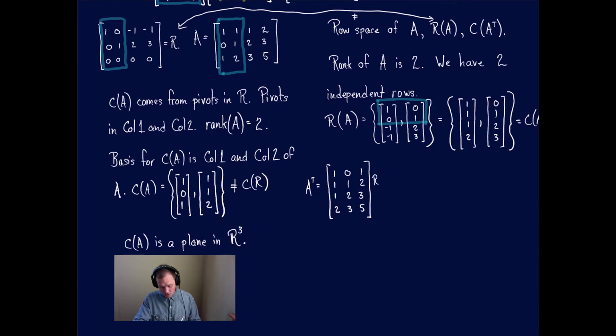I'm going to take row 2 and subtract row 1. I'm going to take row 3 and subtract row 1. And let's take row 4, and this time we're going to subtract, looks like 2 row 1s, and let's see what we get. Well, my first row stays the same, 1, 0, 1.